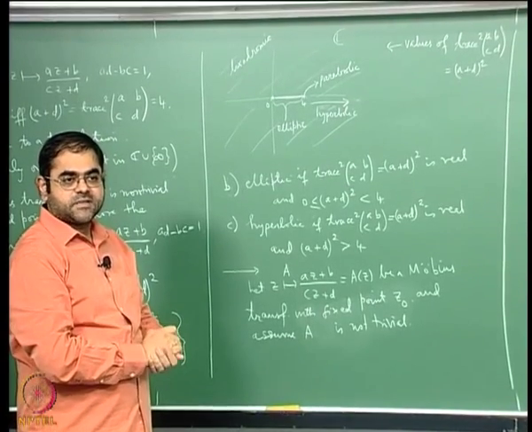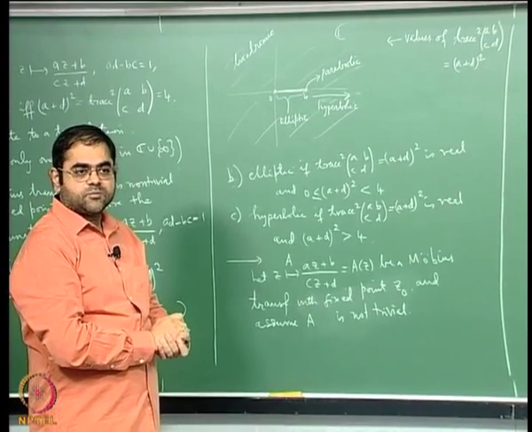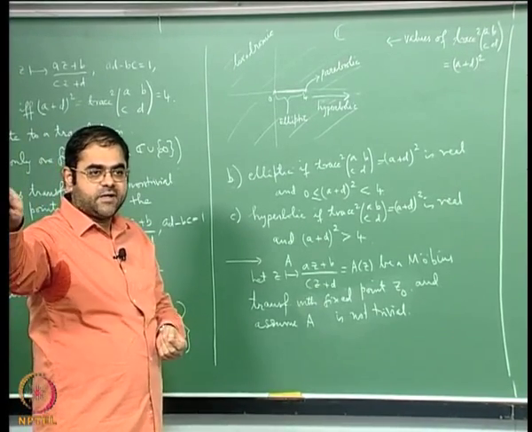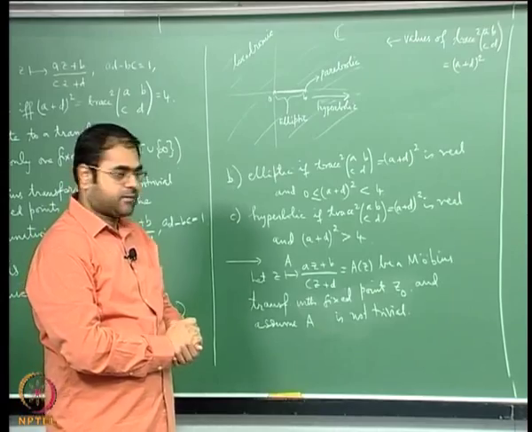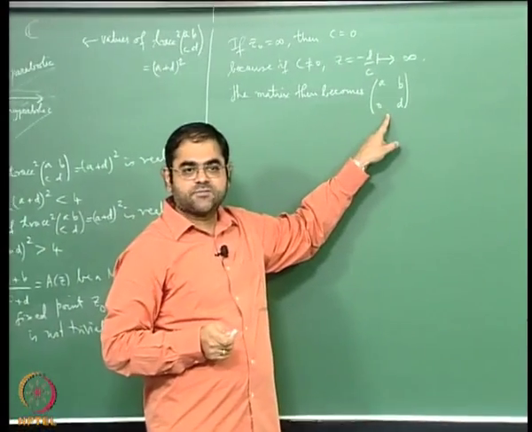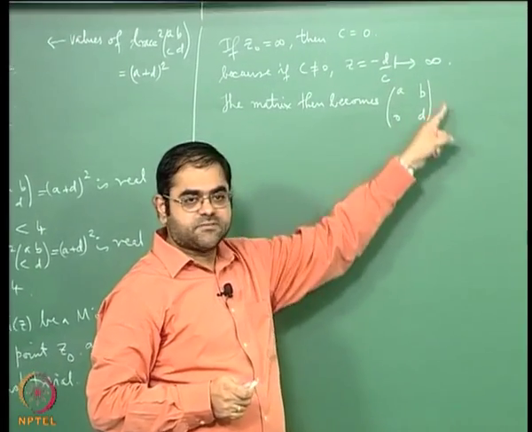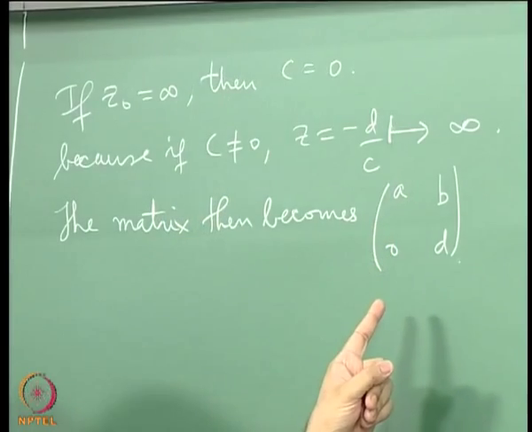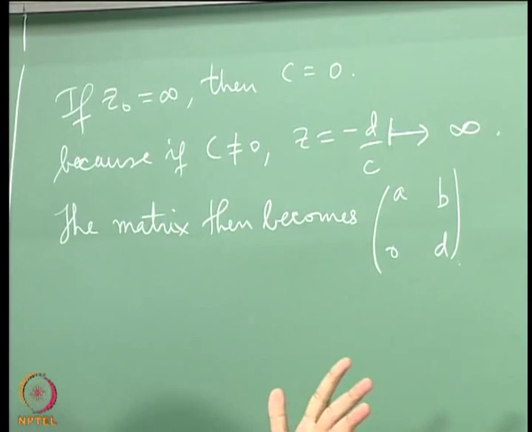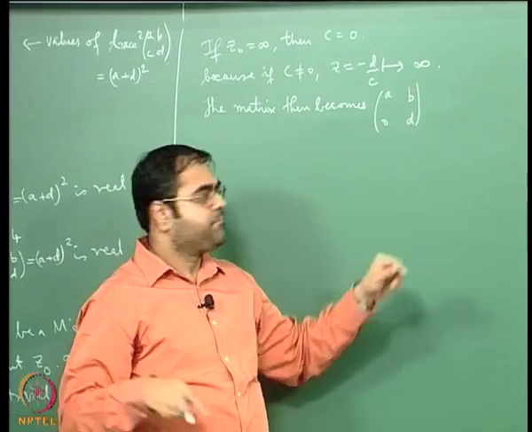What are the Moebius transformations which are automorphisms of the complex plane? They are all those which keep the point at infinity fixed, and for keeping the point at infinity fixed, this is the upper triangular matrix form that you will get. So Moebius transformations of this type form the holomorphic automorphisms of C, and we used to denote that as P delta 2 comma C.